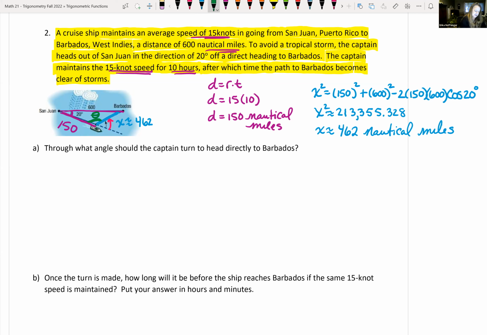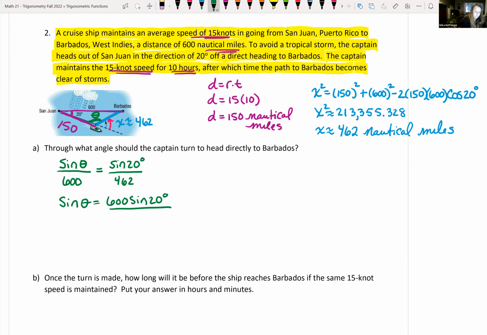So I have, using law of sines, sine of theta degrees all over the side across from it, 600 nautical miles, is equal to sine of 20 degrees all over 462. Multiplying both sides by 600, I get sine of theta is equal to 600 sine of 20 degrees all over 462.